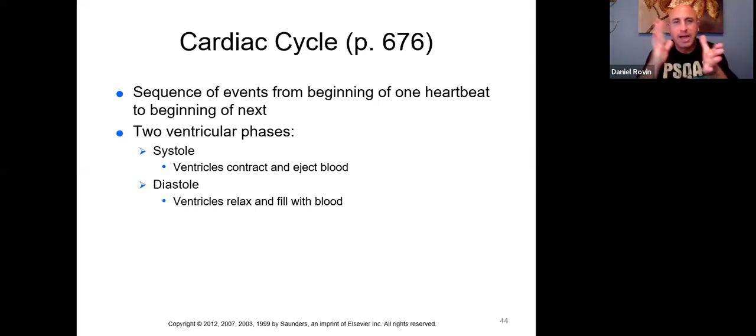It's systolic, diastolic. Lots of pressure, not so much pressure. And that is a simple description of whether the ventricles are pushing blood out or filling for the next contraction. If it's systolic, the ventricles are contracting and ejecting blood. If it's diastolic, the ventricles are relaxing and filling with blood.